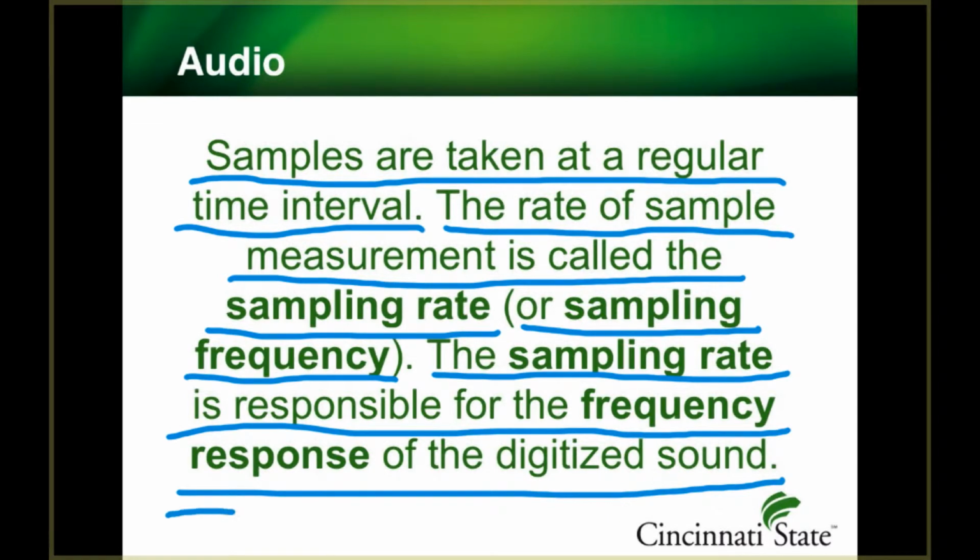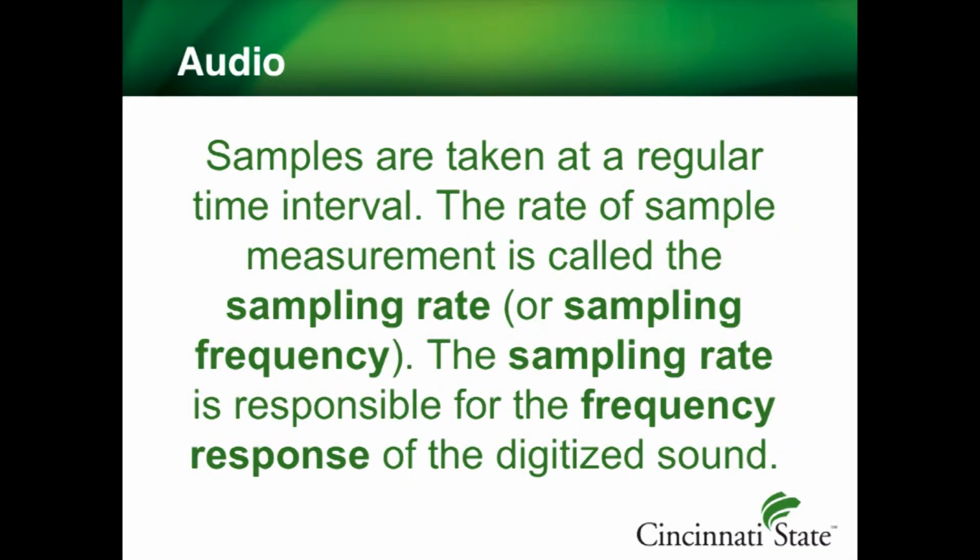And what does frequency response mean? That means, well, as we get into this, the sampling rate determines what frequencies we are capable of recording on that computer. Not talking about how accurately we record those frequencies. We are just saying what frequencies are possible to be recorded on that system, because sampling rate is about frequency.